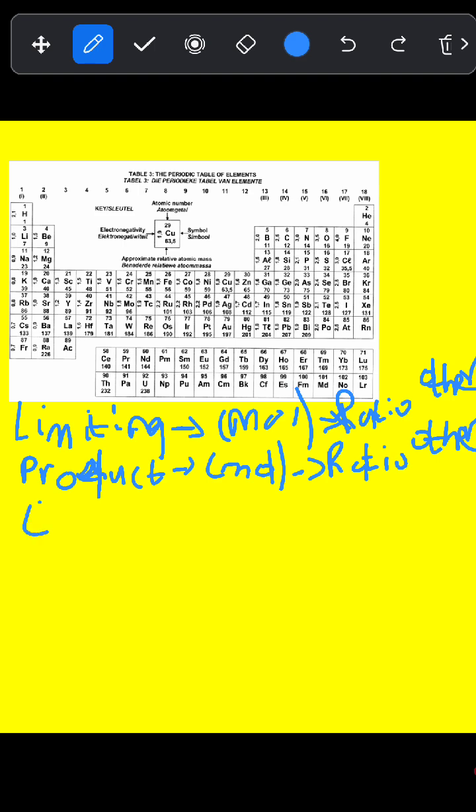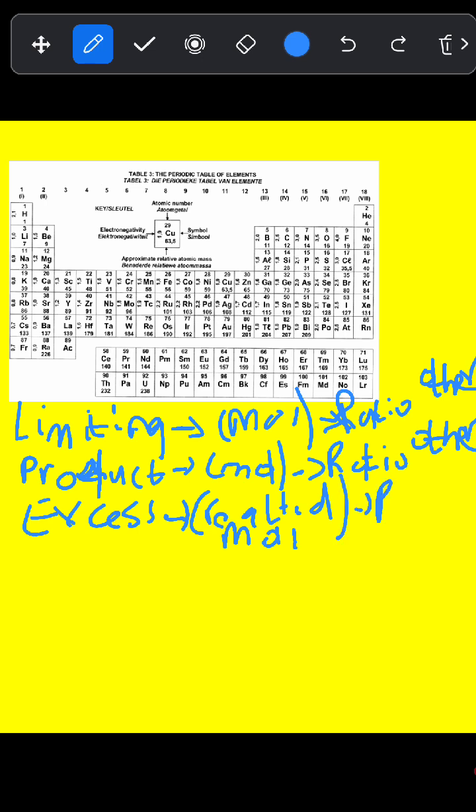Now, if they give you information about the excess reactant, get the reacted number of moles for that excess reactant.